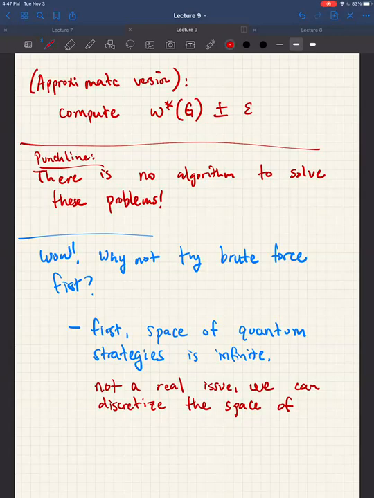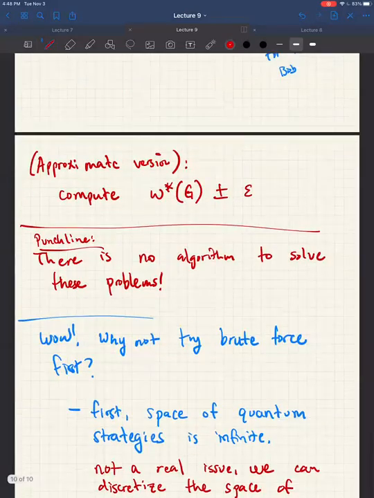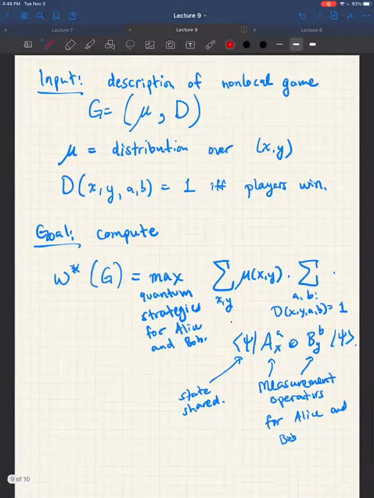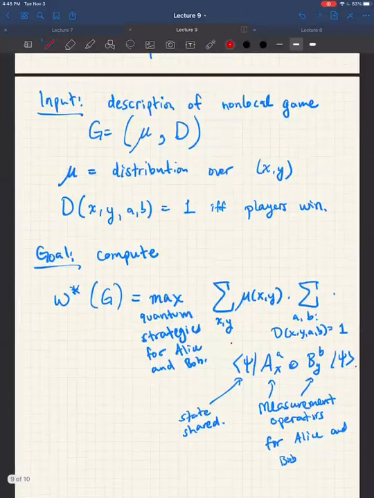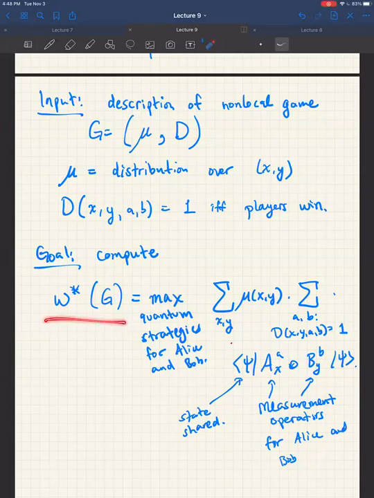So we get a series of games, not a particular game with a particular input size. Oh, yeah. Okay. So I should have been clear. For any specific game, there's always some answer, some number. But what I'm looking for is an algorithm that works no matter what game you plug in. It will tell you what omega star G is, or some approximation of it. Okay, I see. Yep.